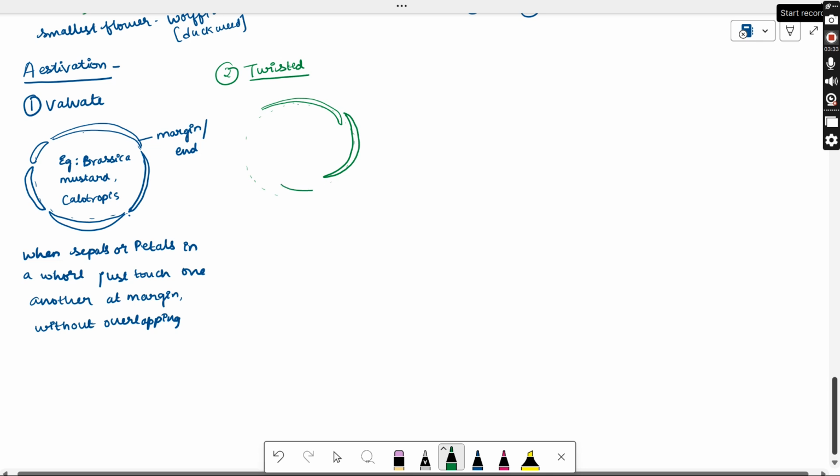If you observe, the first one's margin is overlapped, and this margin is overlapped by another, and this is overlapped by another. This process we call twisted, and this type of aestivation we call the twisted type of aestivation.